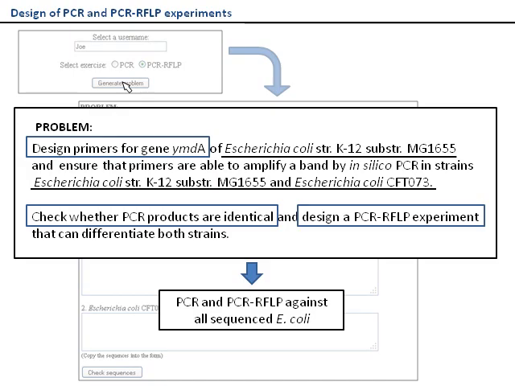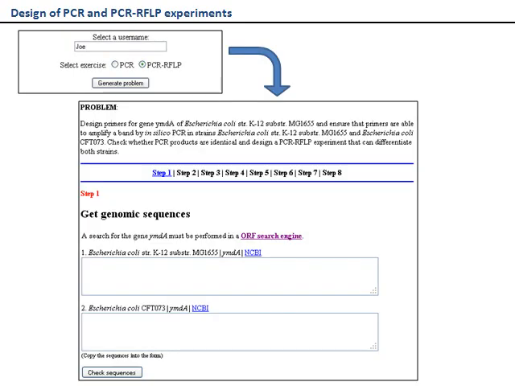At the end of the exercise, the service allows one to check PCR and PCR-RFLP results with the selected primers and enzymes against additional E. coli strains.